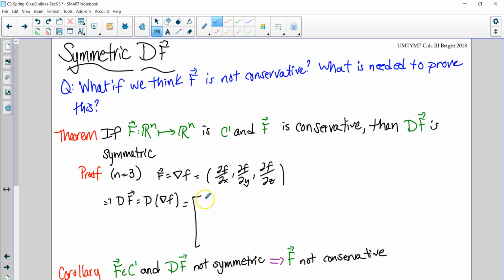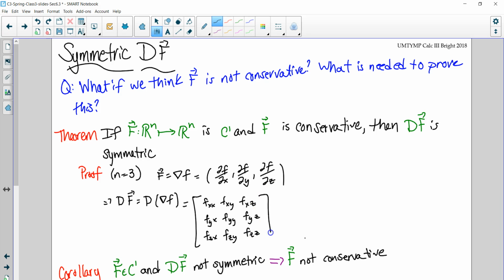And I'm going to use different notation. We're going to say that this is fxx, fxy, fxz, and then fyx, fyy, fyz, and then we have fzx, fzy, and fzz.